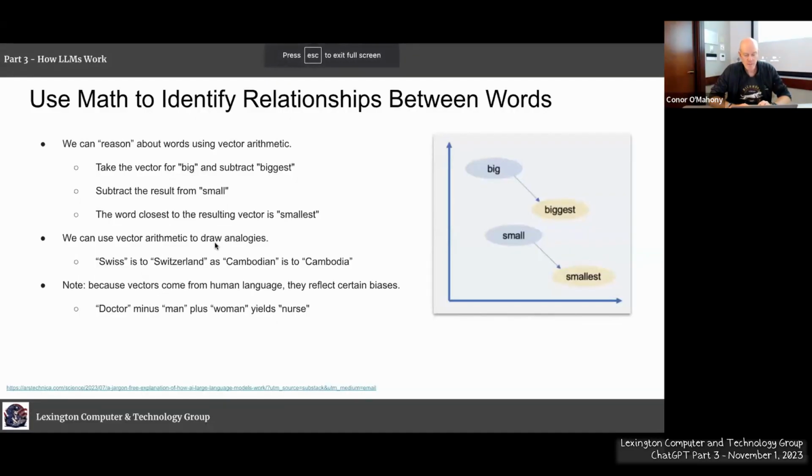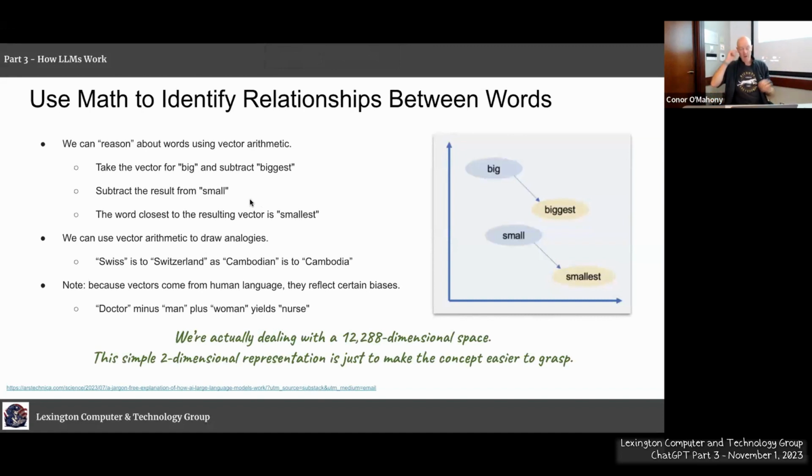So now one thing to remember is that this 2D representation was made to keep things nice and simple. But what we're dealing with is a 12,288 dimensional space. So we're dealing with just this huge space that's difficult to wrap your head around.